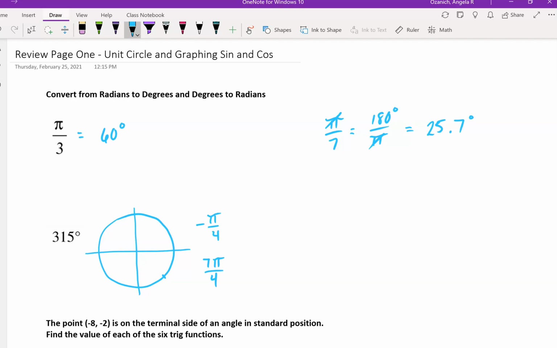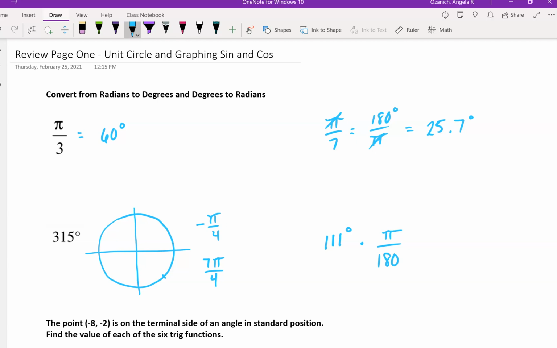And in the same kind of fashion, if you had some degree measure like, I don't know, 111 degrees. Okay, we know that's not on the unit circle, so instead you're going to have to multiply by pi over 180. You'd try and do your best to reduce that if you could.